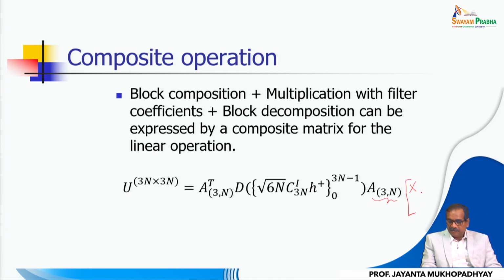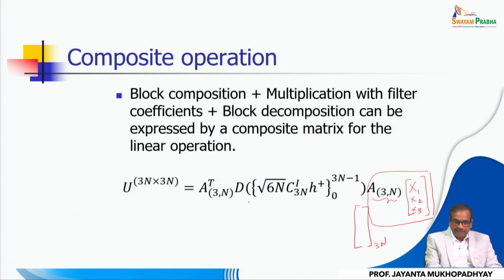So, for adjacent DCT blocks, say x1, x2, x3, say there are 3 DCT blocks, I can compose them into a larger DCT block, which is of size say 3n.